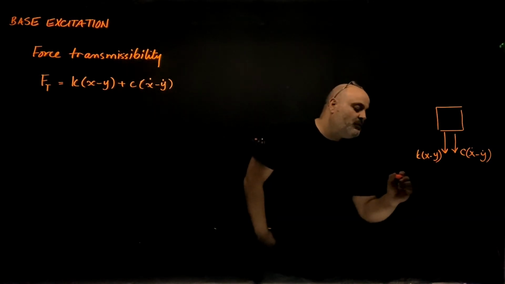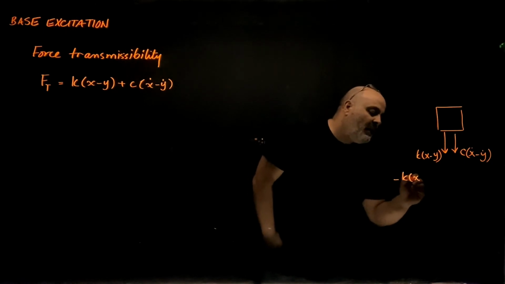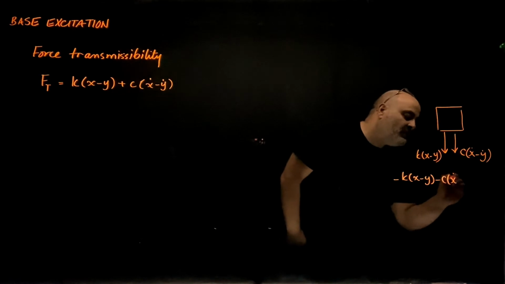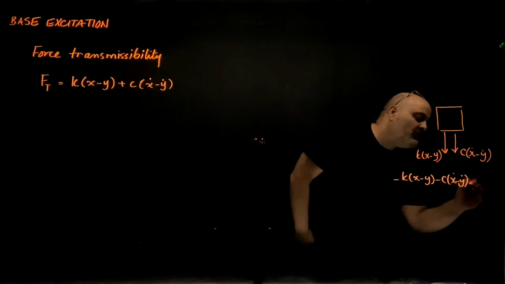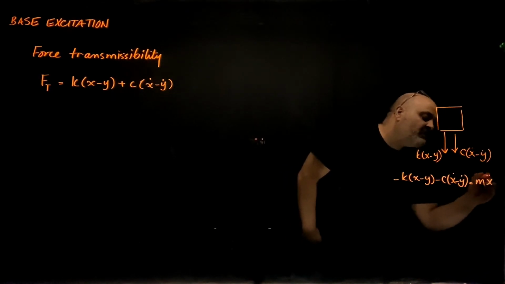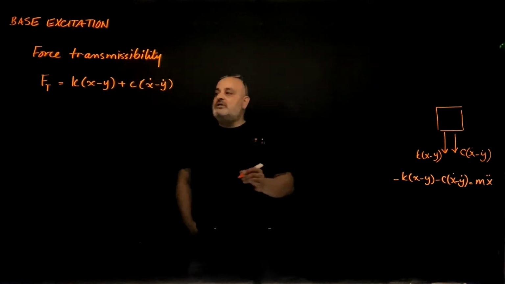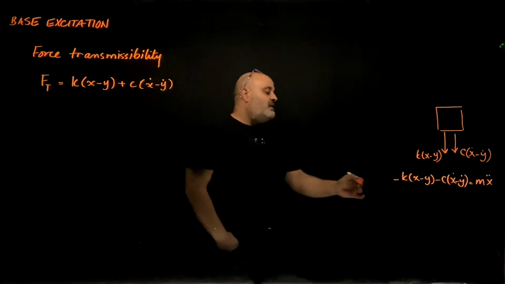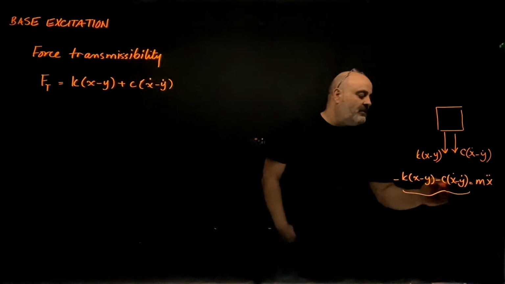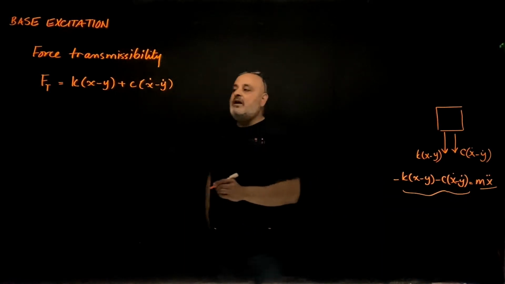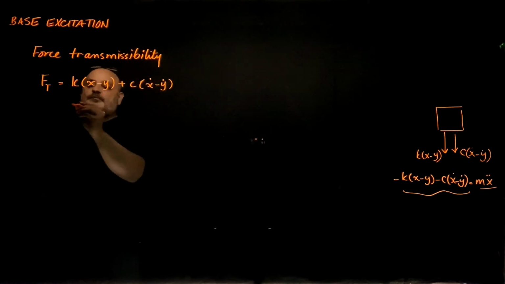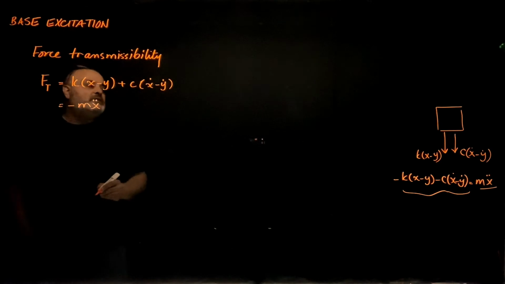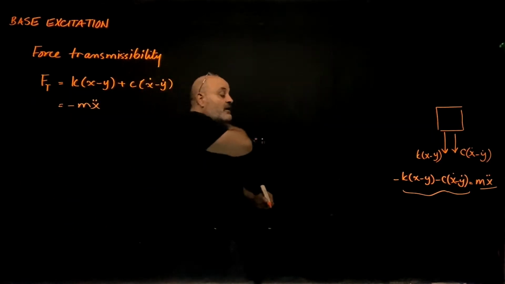The sum of forces was negative k(x minus y), negative C(x dot minus y dot) equals ma, which is m x double dot. Which means that this term, the force applied, is actually the negative of m x double dot.